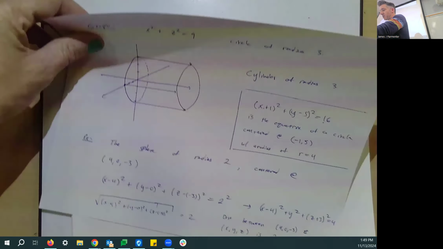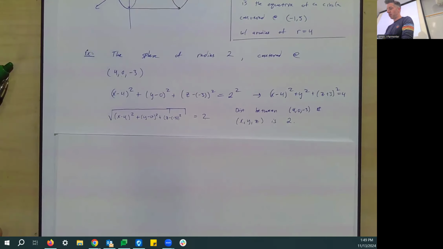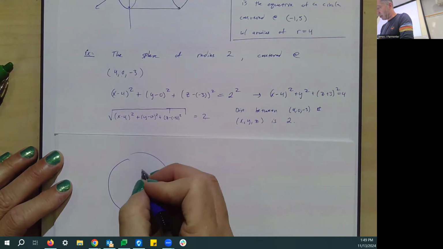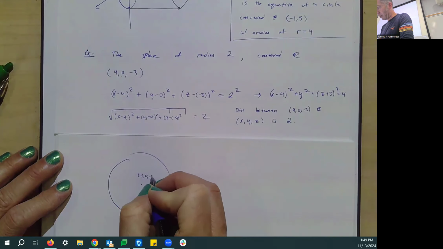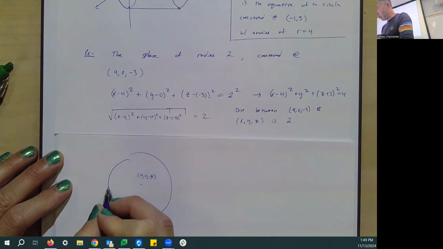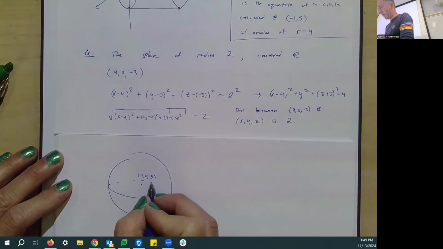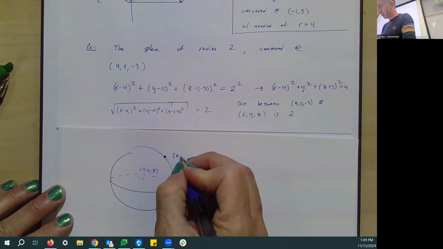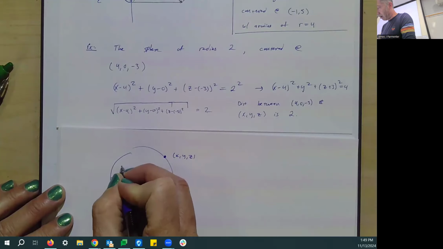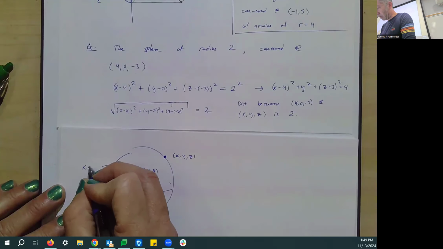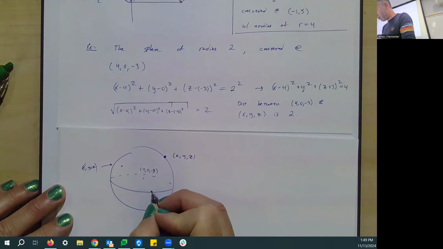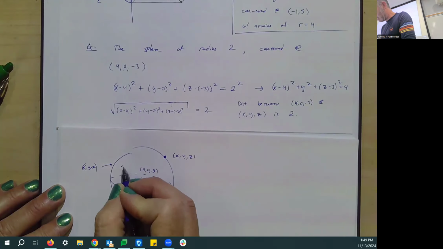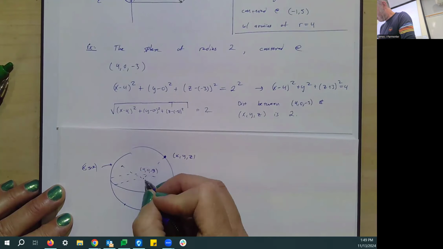That's exactly how you describe every point on a sphere. There, my center is right there at the point 4, 0, negative 3. This is my good old sphere here. What you're saying is literally any point on the sphere, right there, x, y, z, back there, x, y, z, anywhere you like, every point on the sphere is the same distance of 2 from the center.